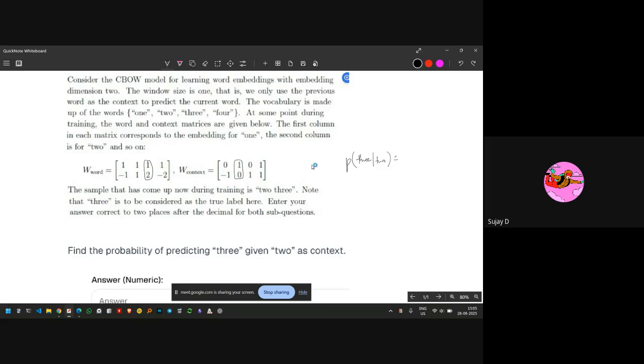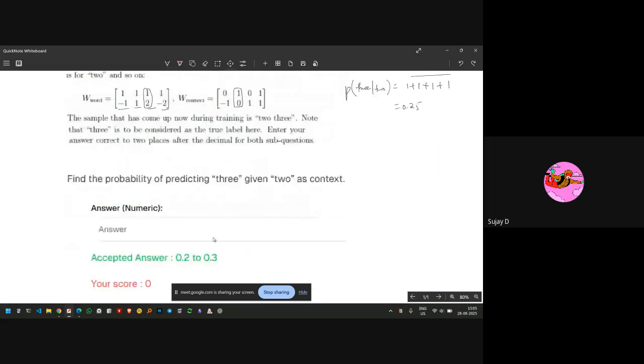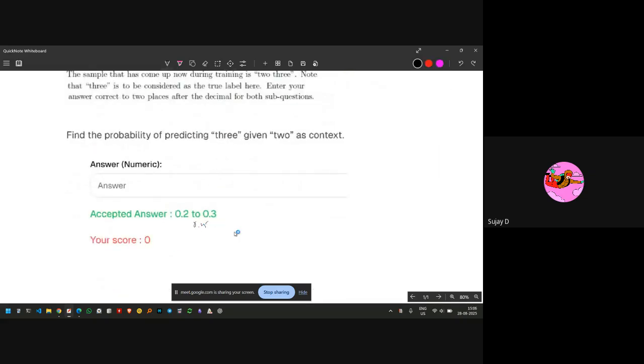Okay, numerator: dot product of 1 0 with 1 2. This is 1. And denominator: dot product with all the words. So dot product with 1 0 is 1 plus 1 plus 1 plus 1. So the answer is 0.25.